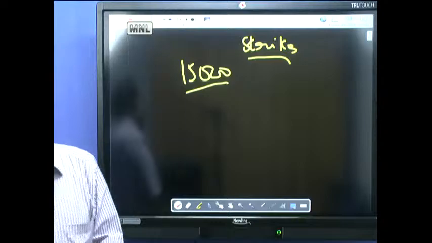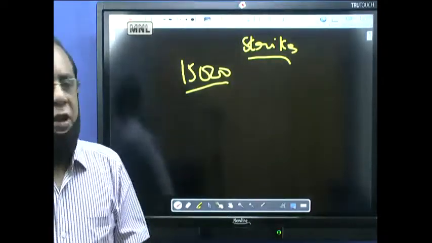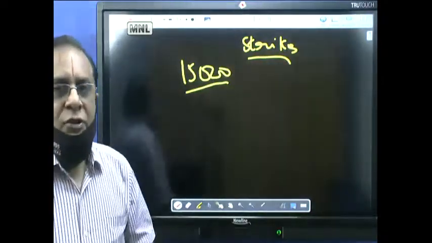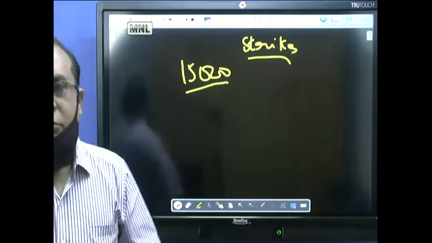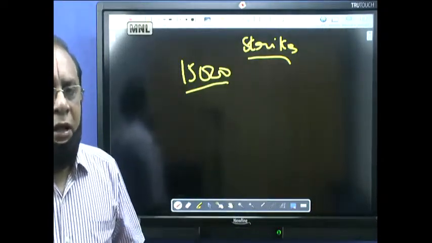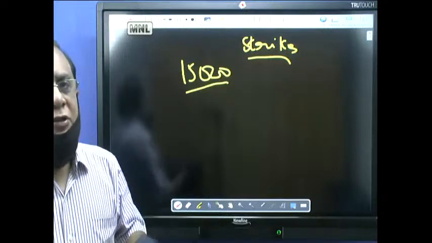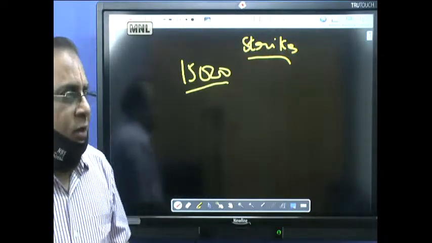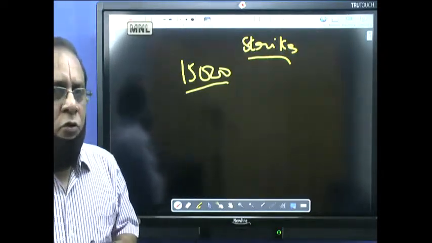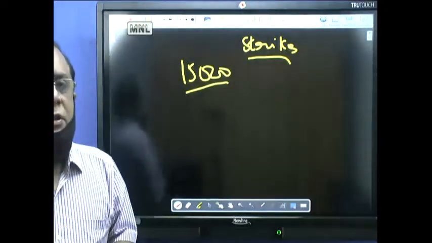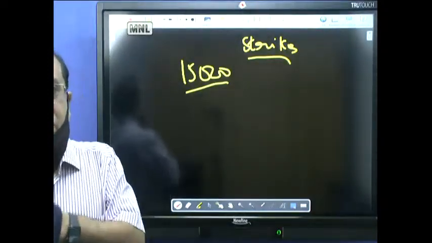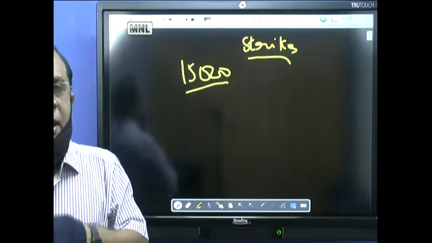So there are enough strikes. Let us say from 15,000, enough strikes are there. Let us say 14,500 to 15,500 or 16,000. Something you tend to prefer according to your financial position as well as the resources and other thought process. So now, at least you know that a call option is something like buying a futures. Only thing is, if the price falls down, the loss in a call option is limited to the premium amount that you have paid.